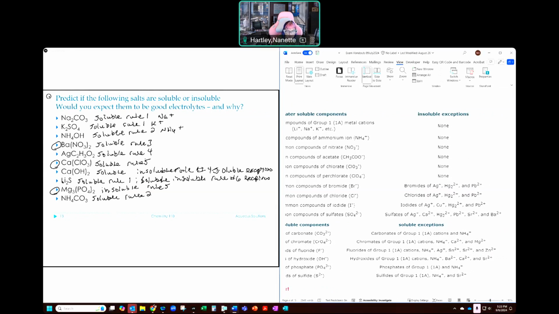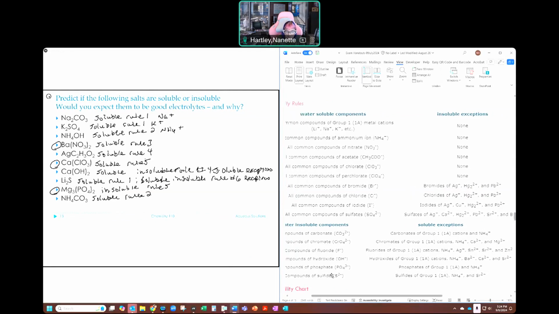The next one down, Li2S. Solubility rule 1 is all of the Li's. It's also insoluble down here, the compounds of sulfide, S2-. It says soluble exceptions: sulfides of group 1A are soluble exceptions.